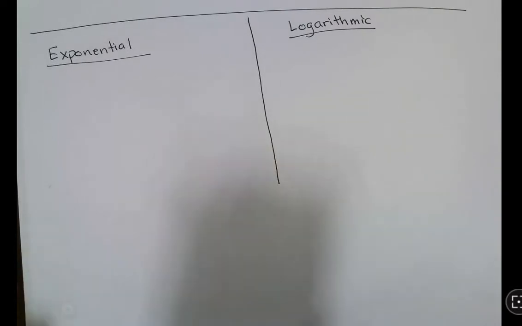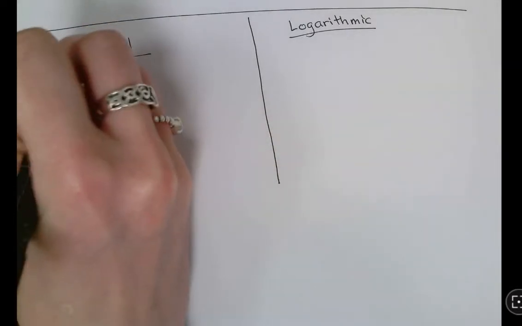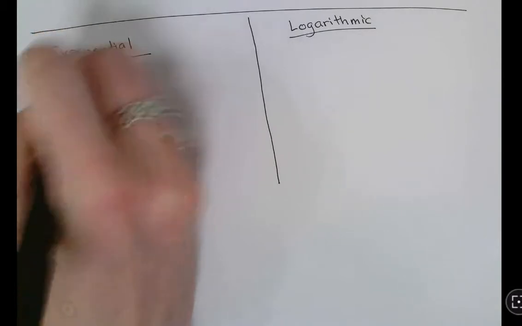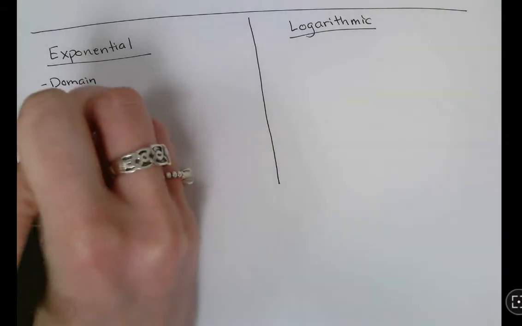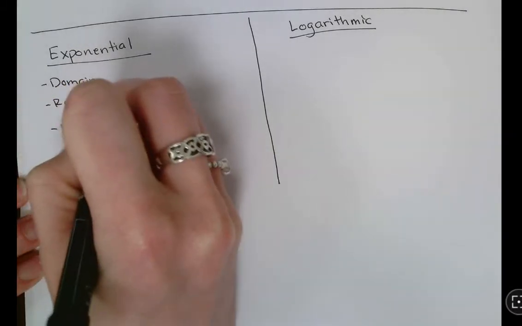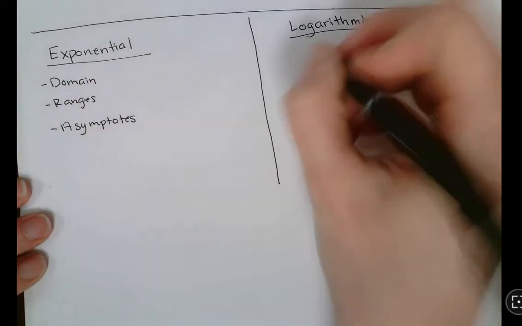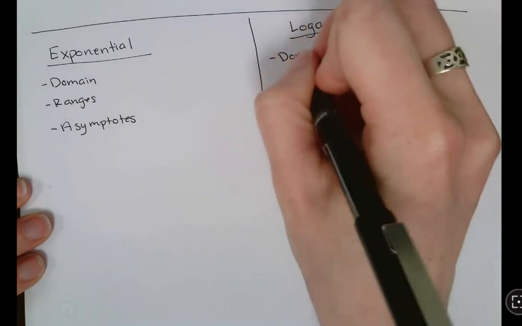So the first thing I'm going to compare is their domains, ranges, and asymptotes. So domain, range, asymptote.